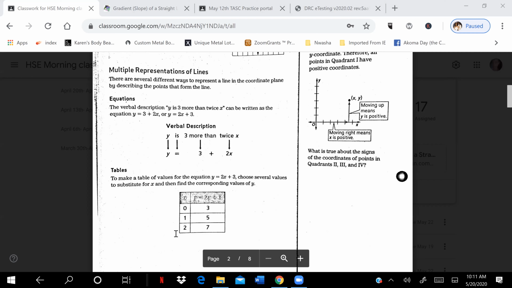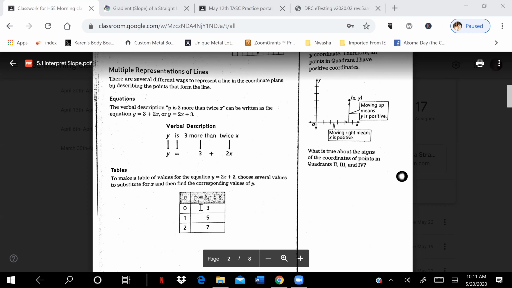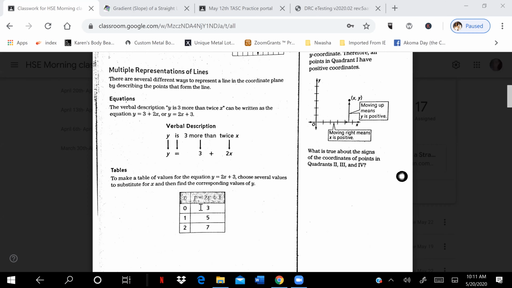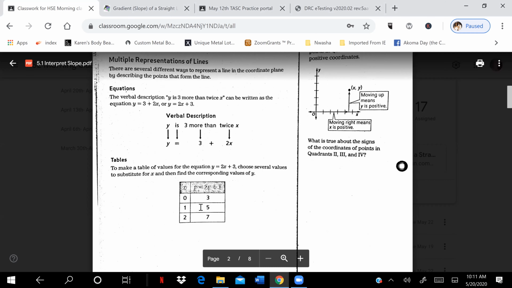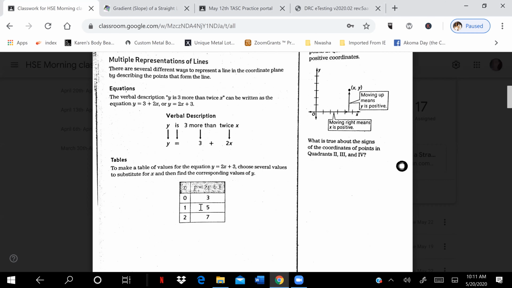So this becomes the equation for the line, and then making a table looks like what's at the bottom of the page. Every time you have an x, you can figure out what the y would be if you do that 2x plus 3. So if x is 0, then 2 times x would be 0, plus 3 would be 3.